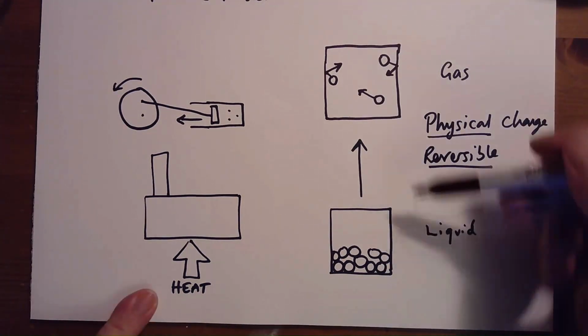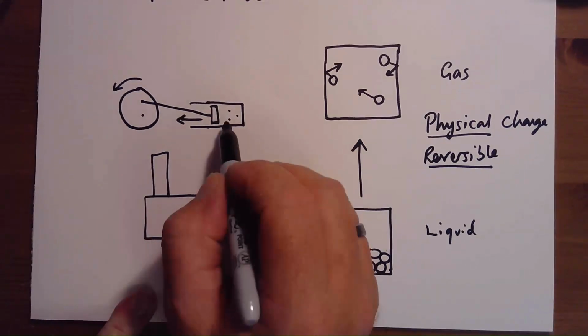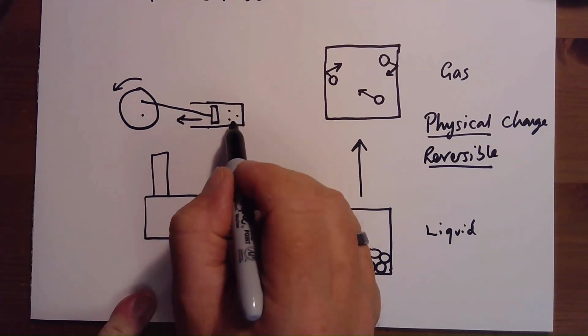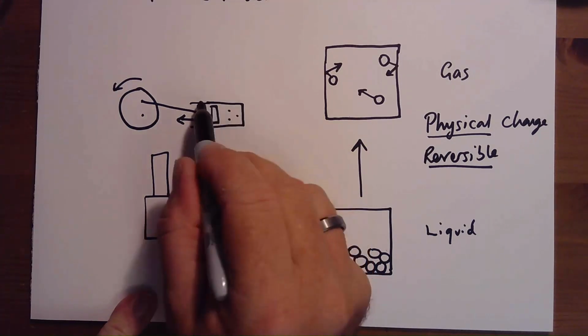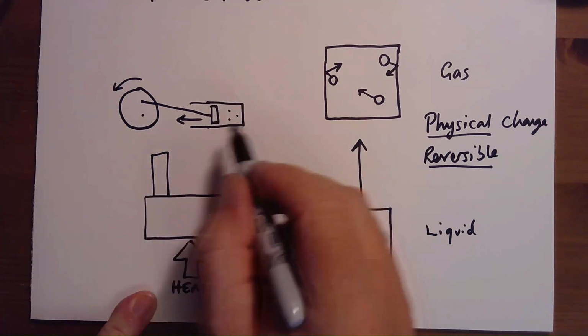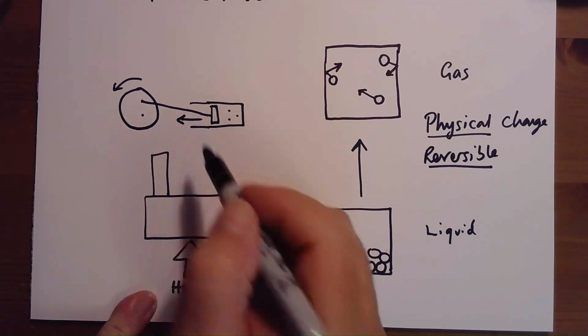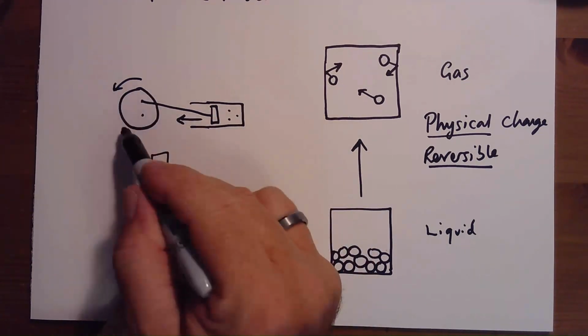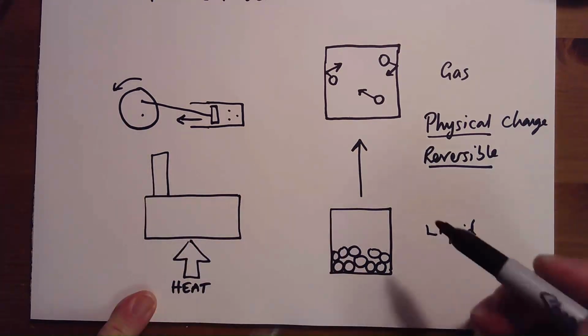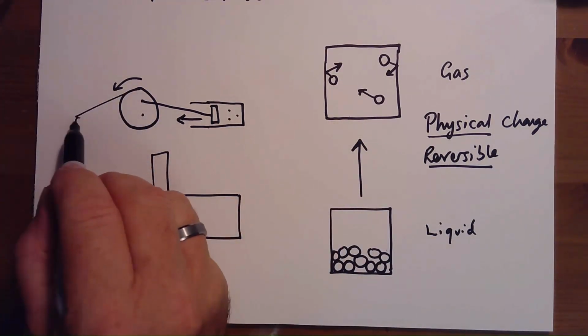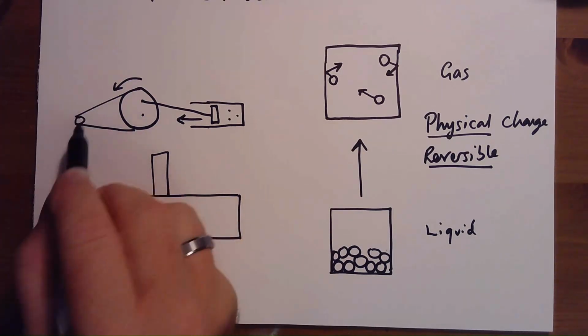Now, going over to our mechanism, because particles of a gas take up a lot more volume, the only way they can really achieve that in this system is by pushing on this slider to generate a larger volume, and that forces that mechanism to work. We can, in theory, connect that to another pulley.